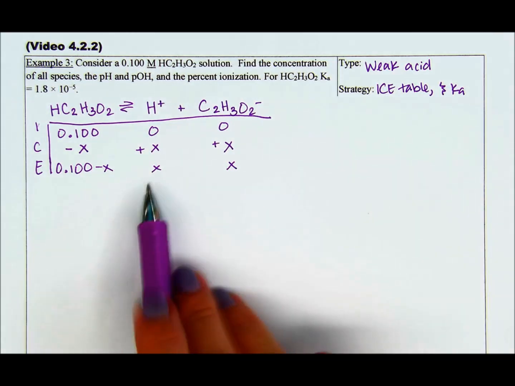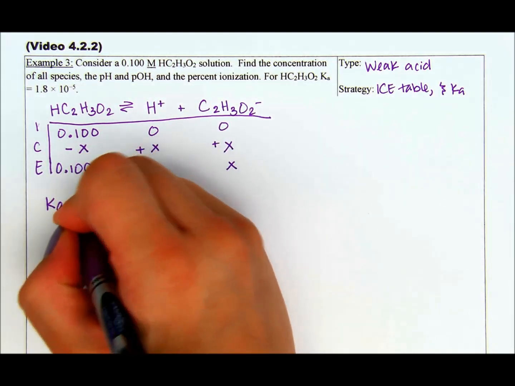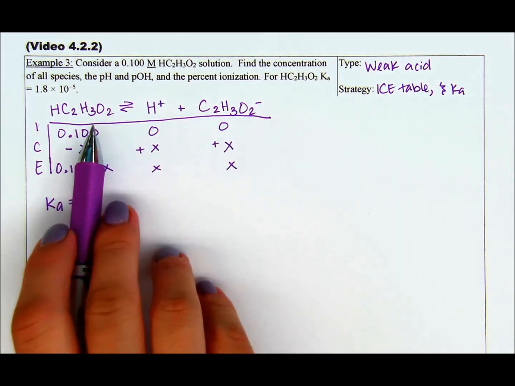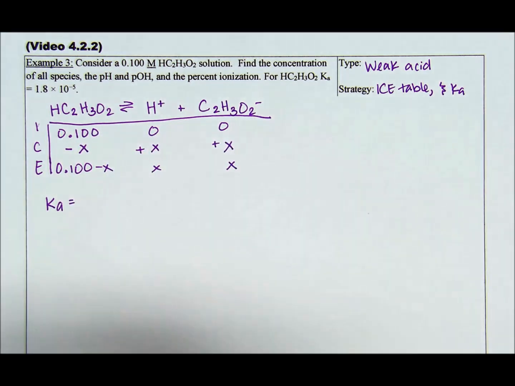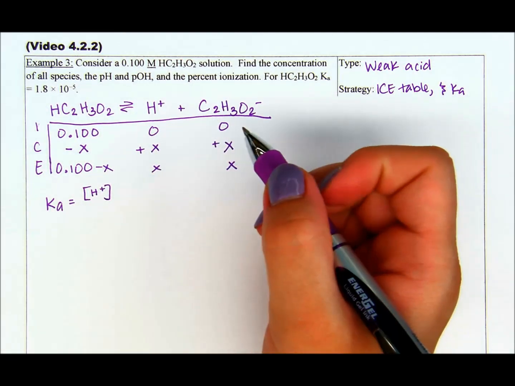Now let's do the Ka part. So my Ka equation equals products over reactants. Now there's no solids and no pure liquids here, no gases, nothing else. They're all aqueous. They're all going to be included in Ka. So Ka is products over reactants, always.